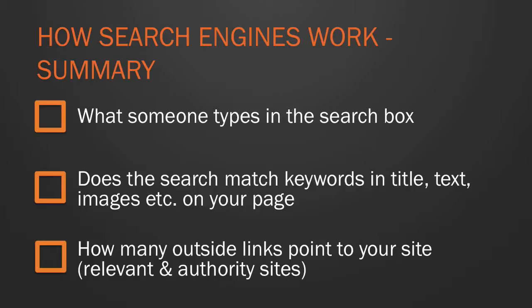Google see this as a type of vote, and it's not just links from any sites, it's sites that are relevant to your particular niche, that are in the same niche, and that they're authority sites as well. They're well established and have a lot of links themselves pointing to them. And I'm going to show you strategies then about how to get those links as well.